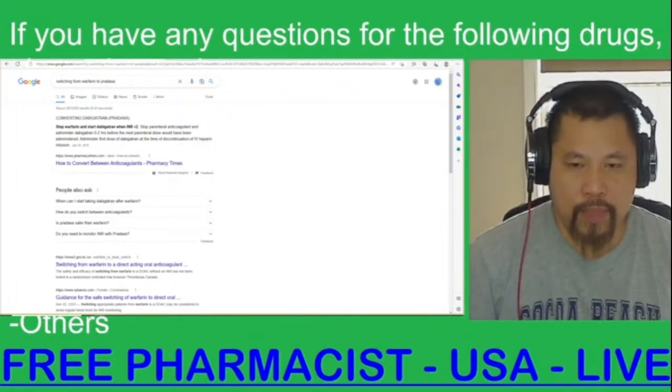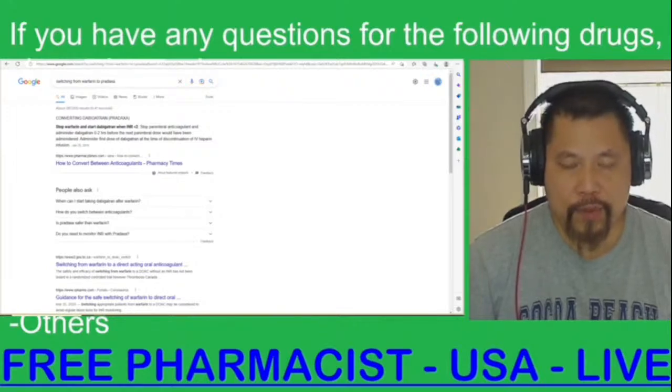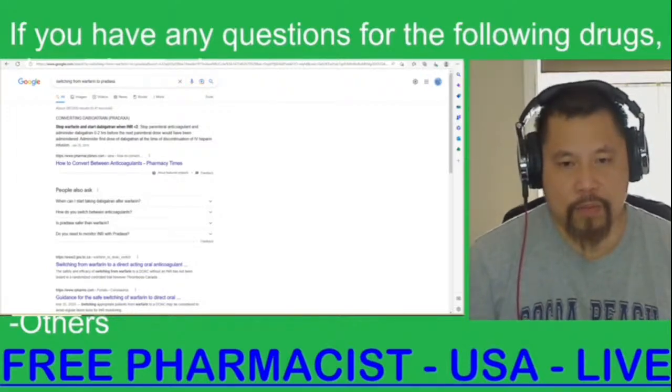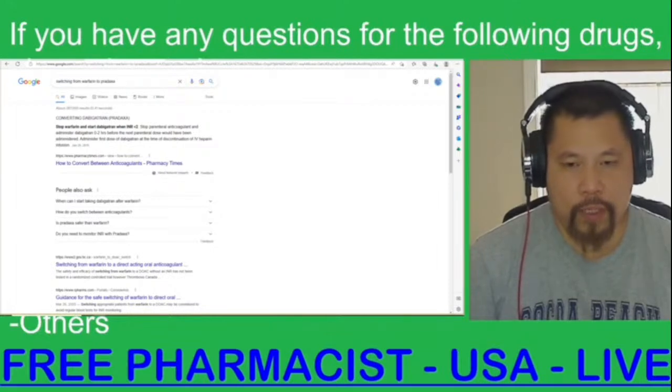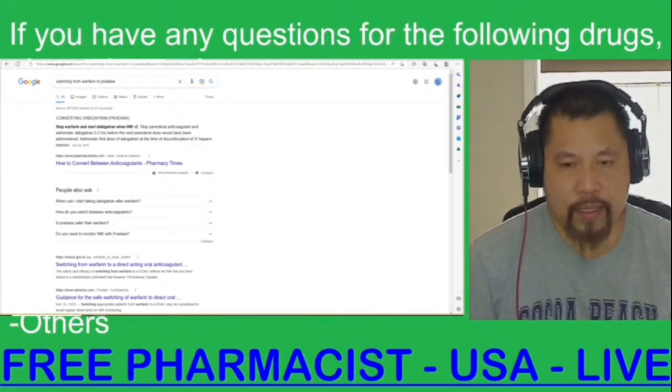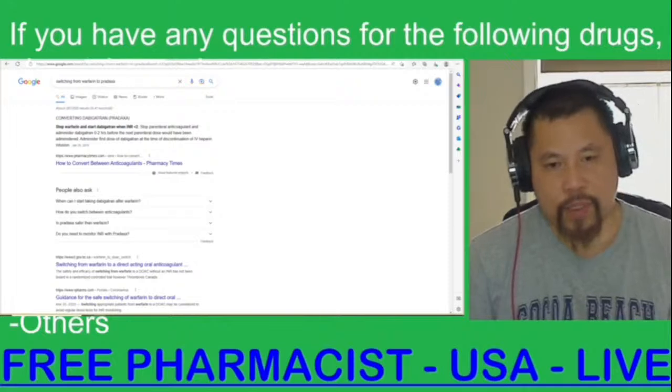And then if the INR is at the therapeutic level, then I need to wait 1 or 2 days, making sure INR is less than 2 for the patient.